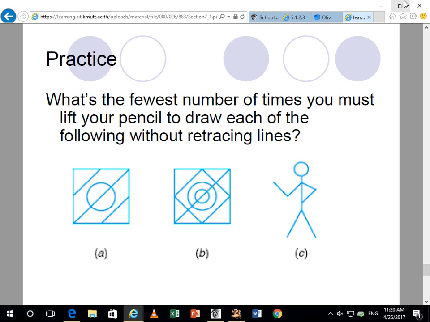So it looks like you're stuck at 3. Is that right? Lifting your hand twice. You lift your pencil twice.